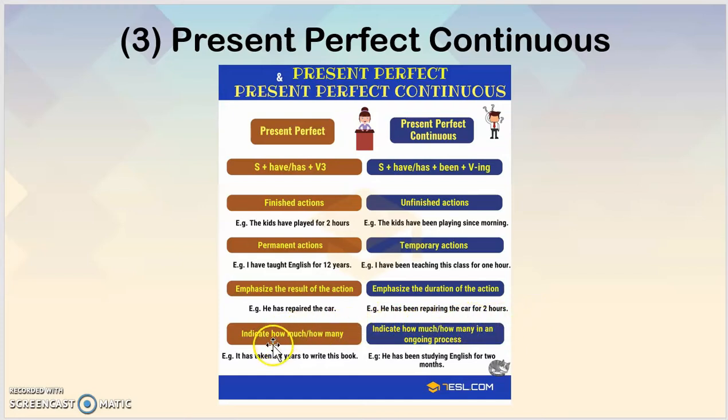Last one, present perfect indicates how much or how many. For example, it has taken 6 years to write this book. Whereas present perfect continuous indicates how much or how many in an ongoing process. He has been studying English for 2 months. We have done going through all the tenses for today.